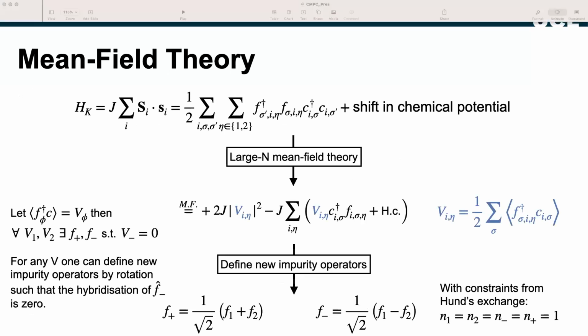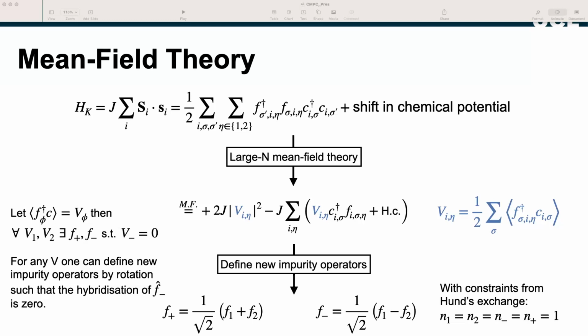And then we apply mean field theory to this, so you can rewrite the S·S term in terms of this plus a shift in the chemical potential for the conduction electrons, and apply mean field theory using V equal to this to determine your mean field Kondo exchange. But then you can rewrite your impurity operators in such a way that one of the impurities is always unscreened in the Kondo channel.